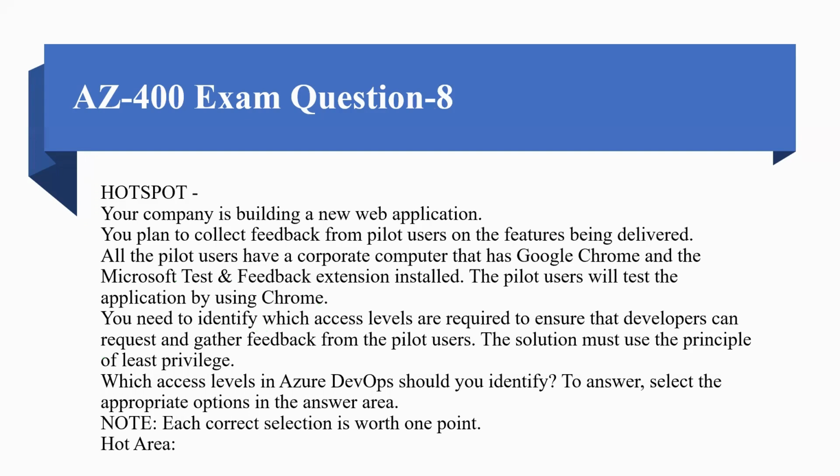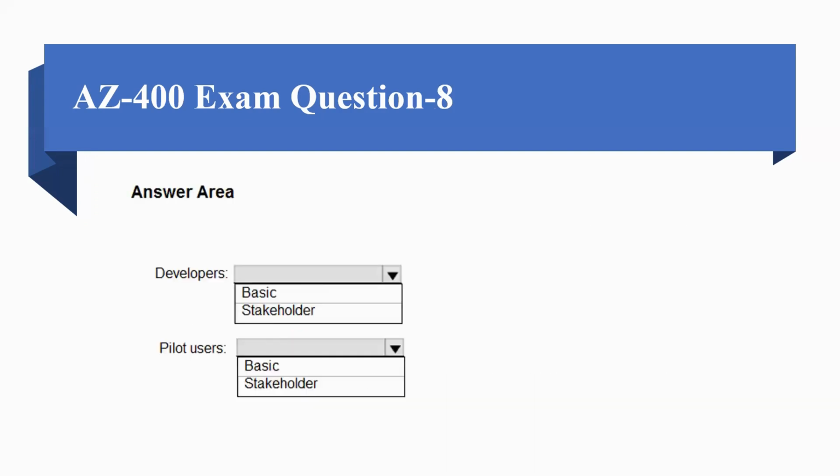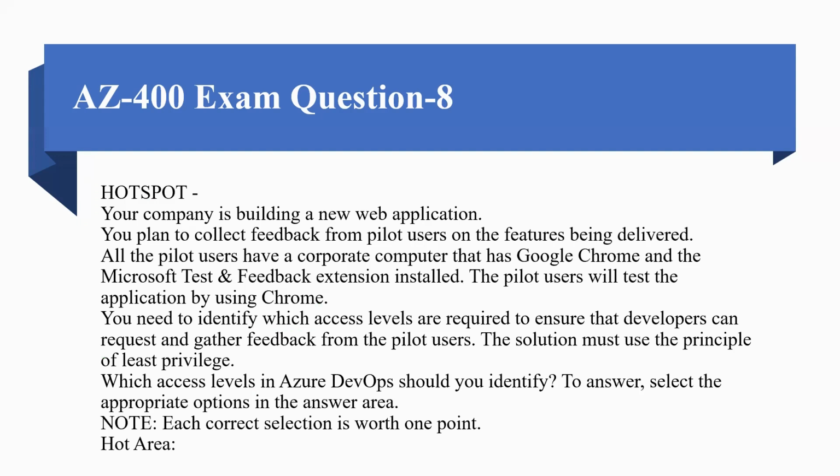Moving towards question number 8, your company is building a new web application. You plan to collect feedback from pilot users on the features being delivered. All the pilot users have a corporate computer that has Google Chrome and the Microsoft Test and Feedback extension installed. The pilot users will test the application by using Chrome.